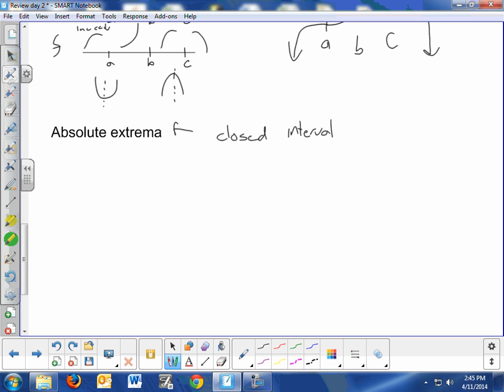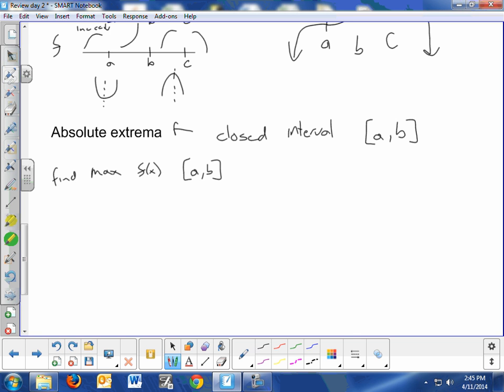So you're trying to find the max from A to B. So find the max function value, velocity, acceleration, whatever, between A and B. What do you have to do? Yes, find all the relative ones first.